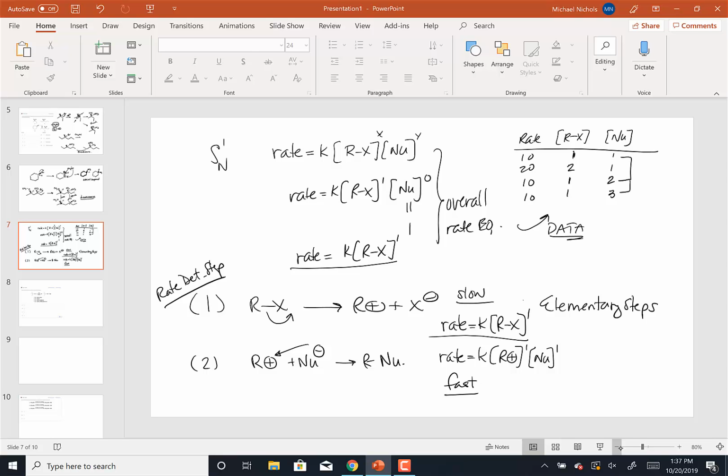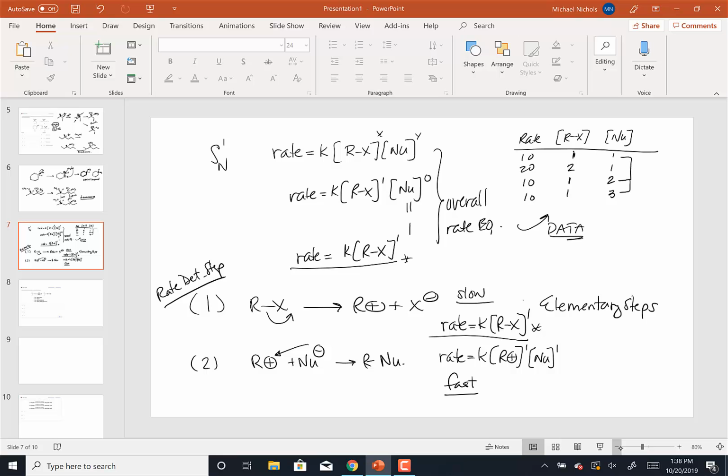Since these two rate equations match up, that indicates that the first step is the rate determining step. So in the kinetics, the concentration of the nucleophile does not play a role. The rate of an SN1 reaction is only determined by the concentration of the alkyl halide.